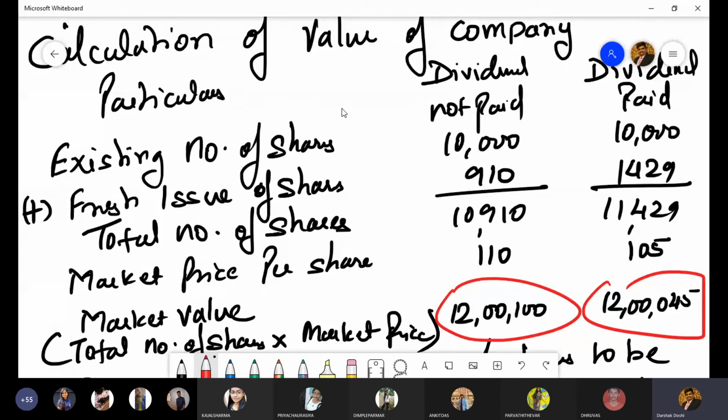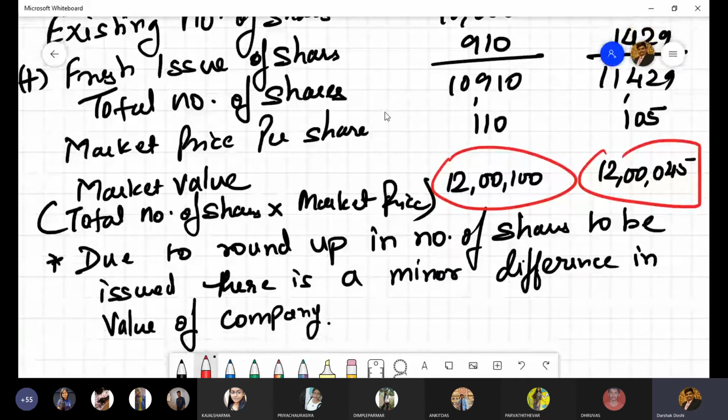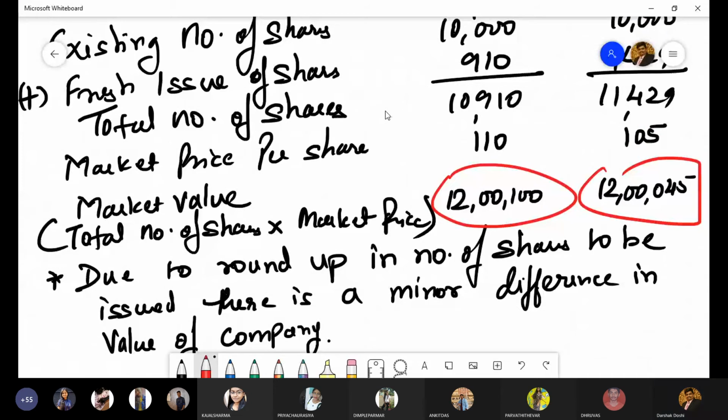Done, sir. Also write down this sentence about rounding off. Done, sir. Okay.